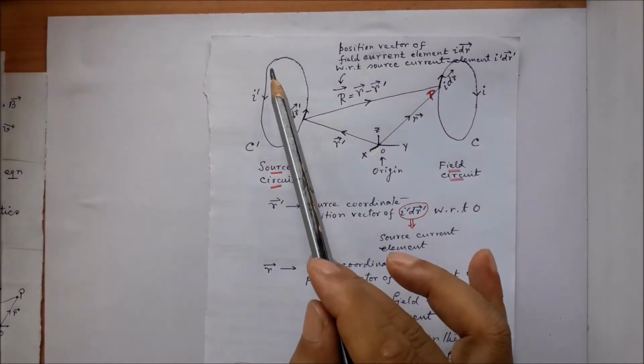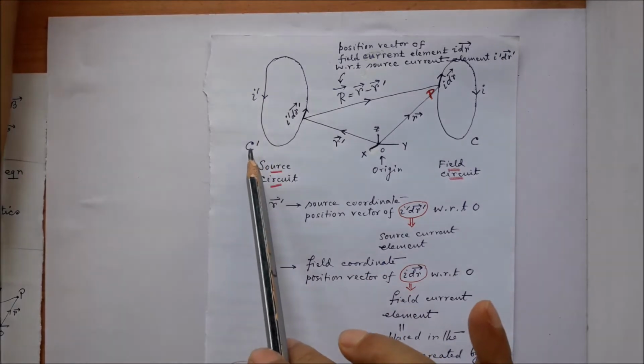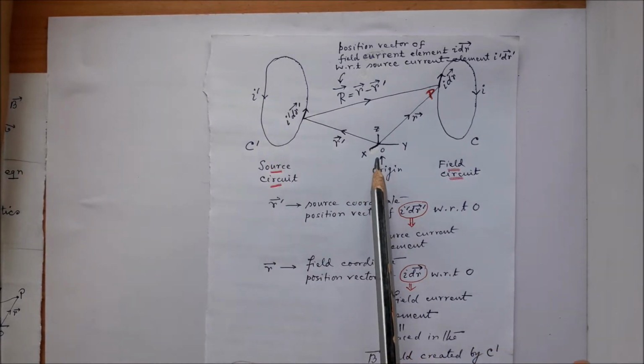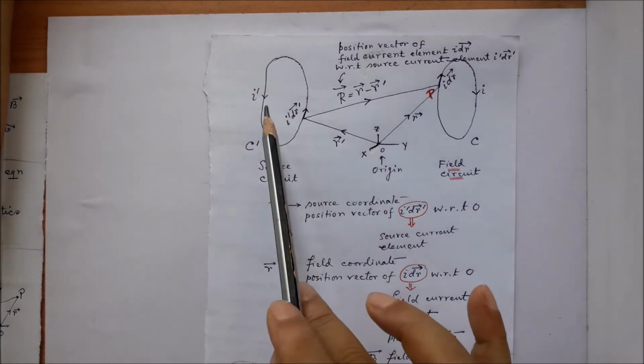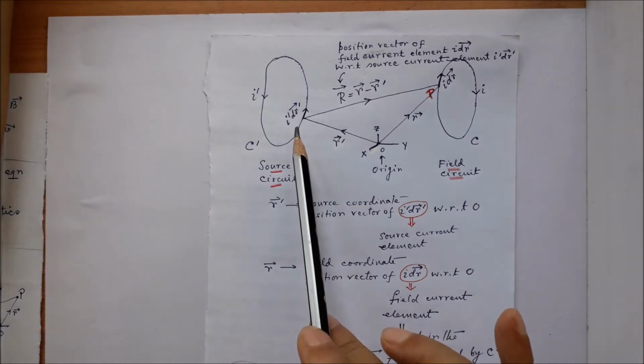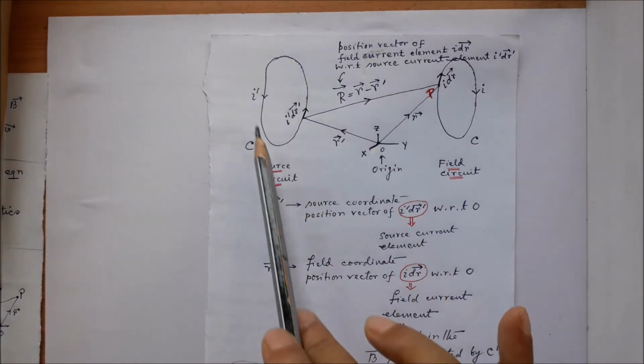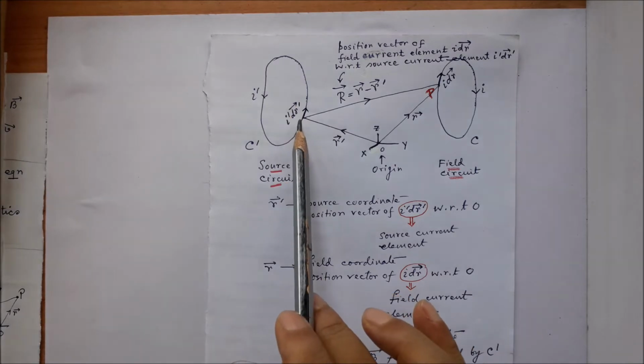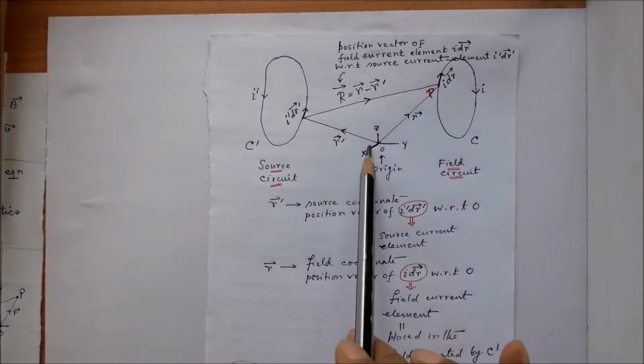Consider a source circuit C prime. O is the origin, I prime dr prime is the source current element of C prime. Its position vector with respect to origin is vector r prime.